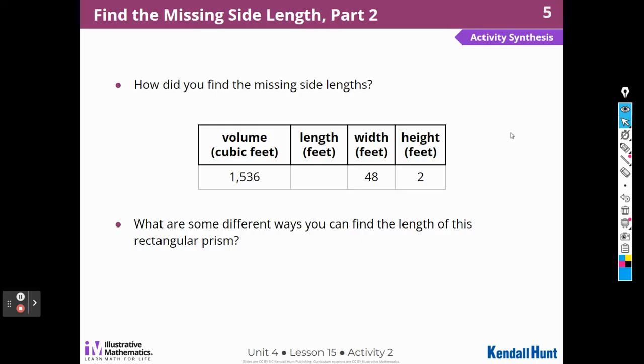Well, we could divide 1,536 by 48 and then divide that quotient by 2, or vice versa, right? I can first divide the volume by 2 and then divide by 48, and that would be the answer. Which method did you prefer? I liked combining these two because I only want to divide one time, but that's just me. Which method do you prefer?